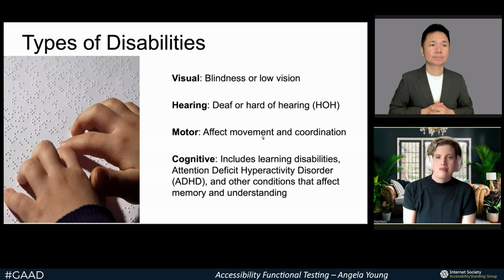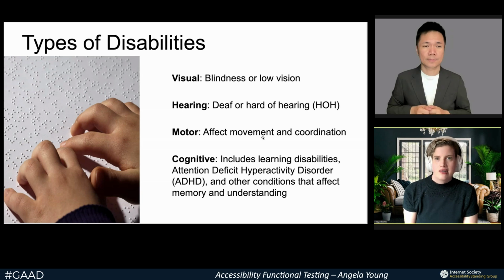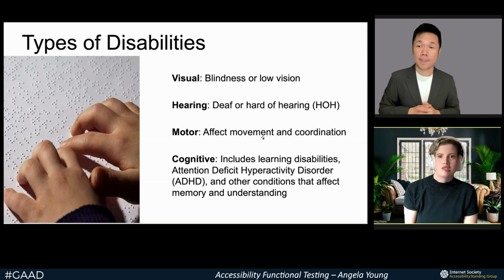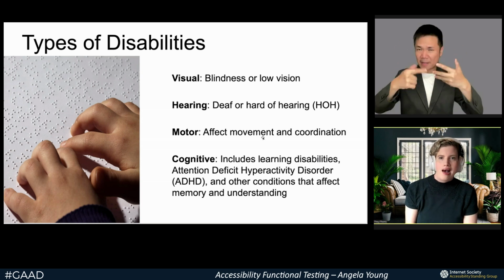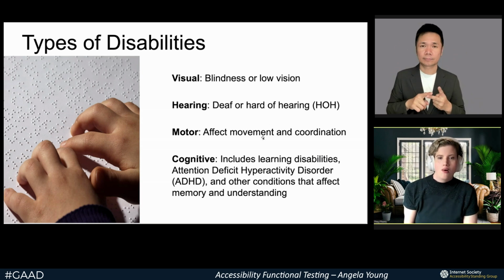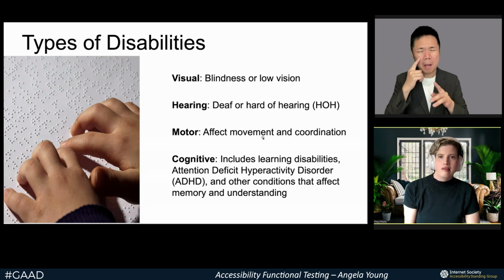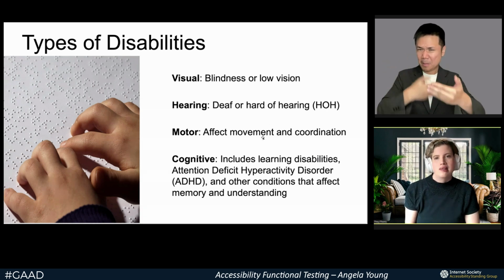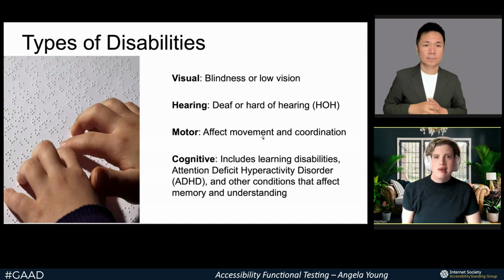So let's talk through these types of disabilities as they relate to manual testing. Of course, when we're talking about a visual disability, we mean blindness or someone with low vision. When you're thinking about testing considerations, you've heard the other presenters speak a little bit about color contrast and why that is important. When you have a site or any kind of digital experience, you really do want to take care that the most pertinent, important information is easily visible and easily definable from what else might be on the page.